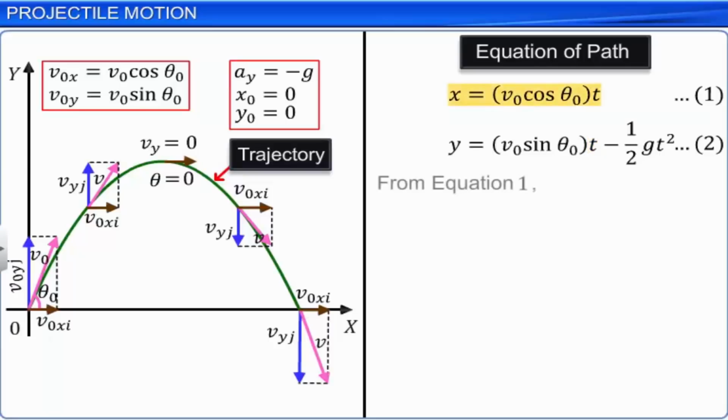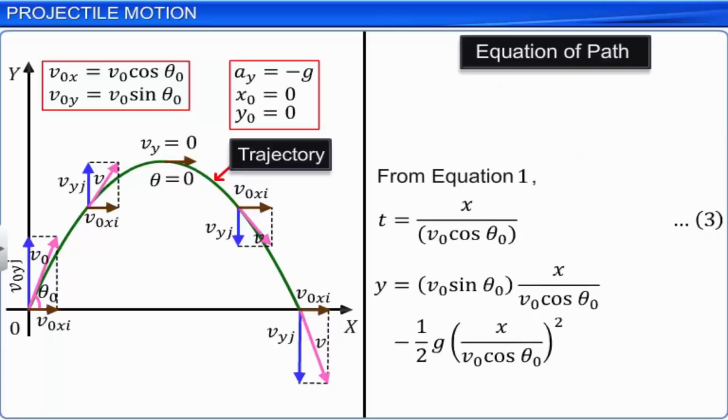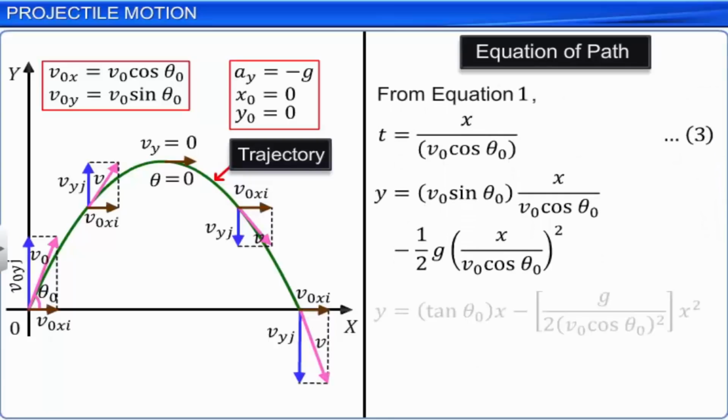From equation 1, we can write t is equal to x divided by v0 cos θ0. Let this be equation 3. Substituting equation 3 in 2 and simplifying, we get y is equal to tan θ0 into x minus g divided by 2 into (v0 cos θ0) square into x square. Let this be equation 4.